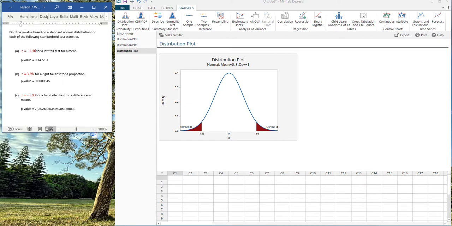Okay, no guarantees, but I doubled that. Okay, so there we have it. You may want to verify on your calculator what that actual p-value is.